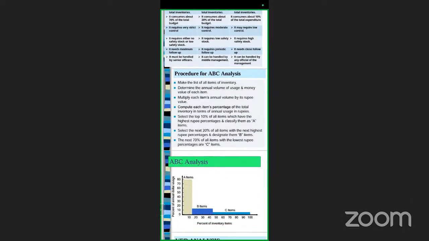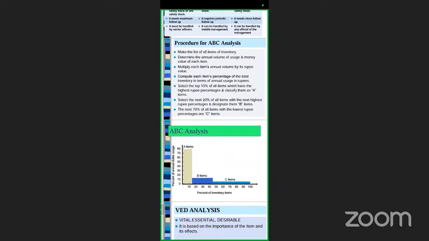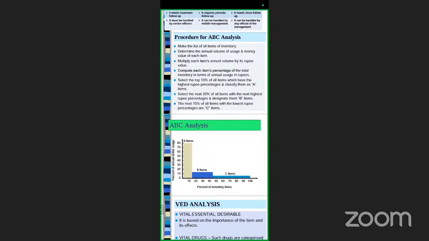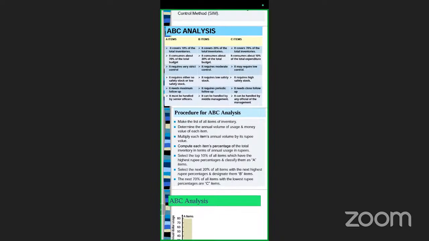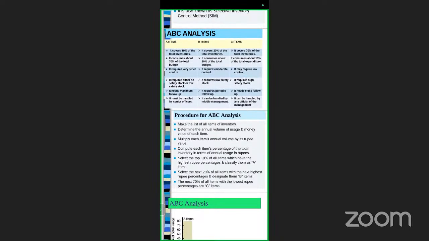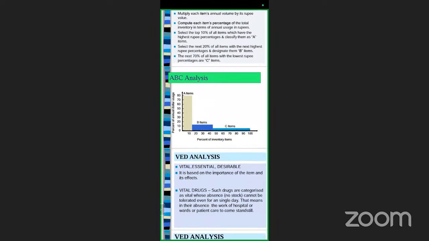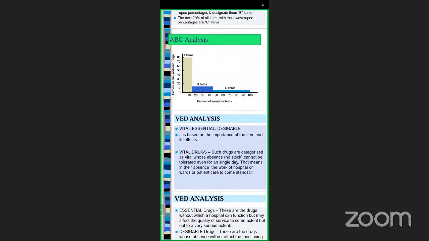Now, the procedure for how to do that. In the ABC analysis, the sums may come. Just look at the screen and you will understand. Now, see the percentage of annual dollar usage. Here we are calculating the overall inventory cost. In that, A items are 10% of items. That is the beige color here, right?